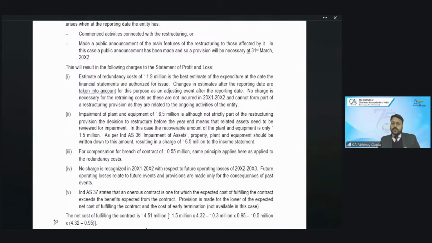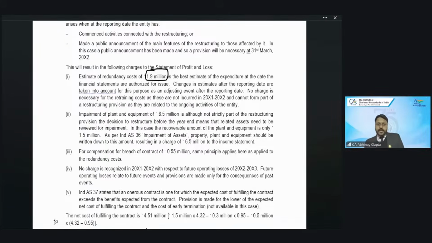So first of all, whatever the estimate is, if that is trued up before the approval of the financial statements, then Ind AS 10 also becomes applicable, right? So against the 2 million, 1.9 million is the best estimate, which is the actual liability discharged, correct? So we will consider the 1.9 million, yes or no? Yes, sir.